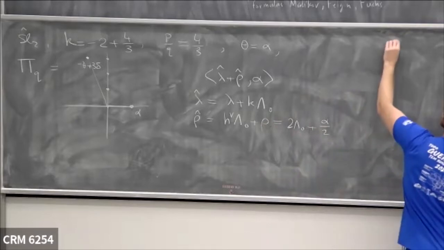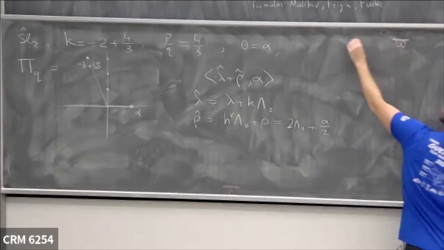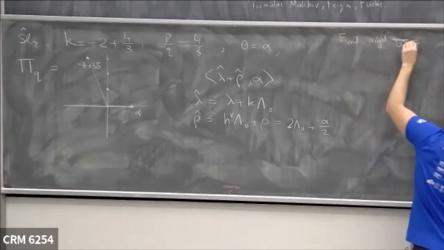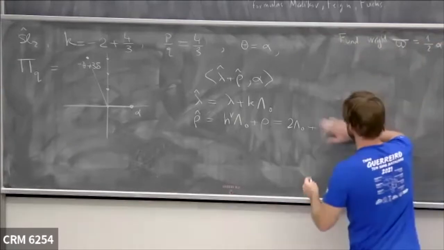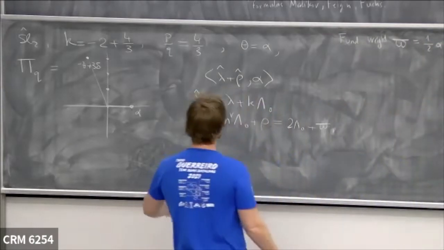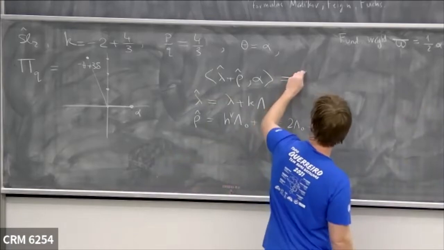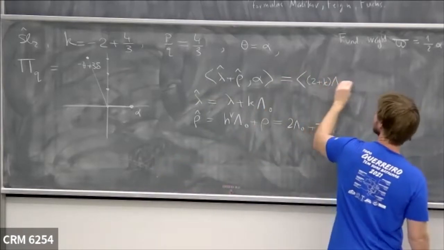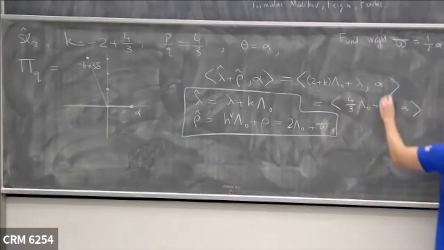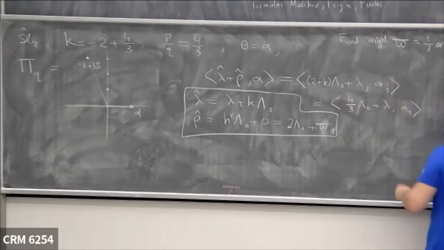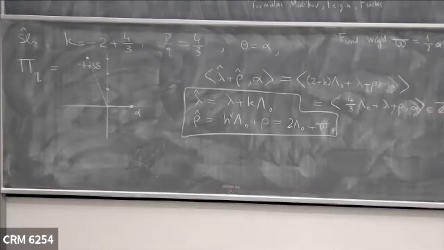So actually I write the fundamental weight, which is 1/2 alpha. Right? So this is 2 plus k lambda 0 plus lambda. Okay, and all right. Here this should be a plus finite rho. Oh yeah, thanks. This could be a positive integer.